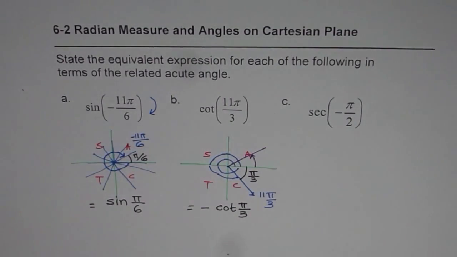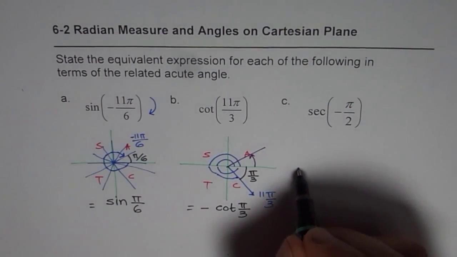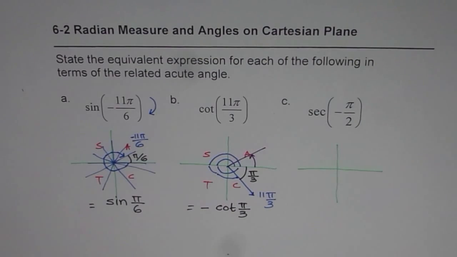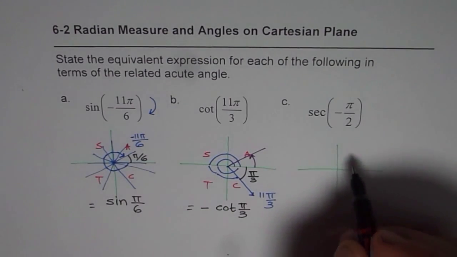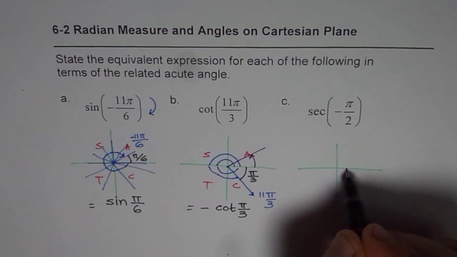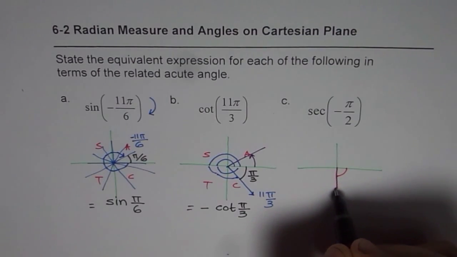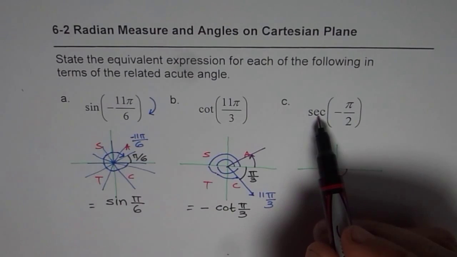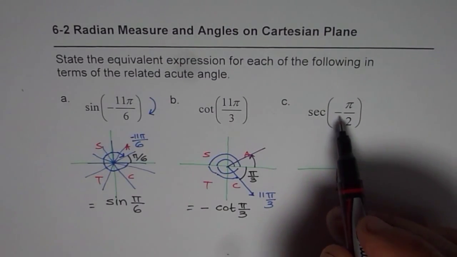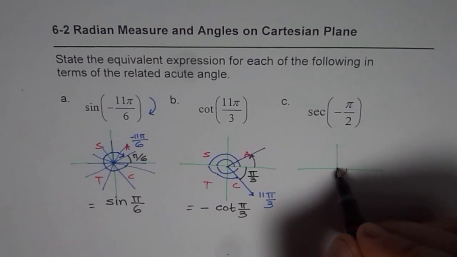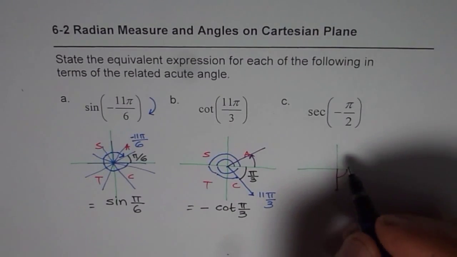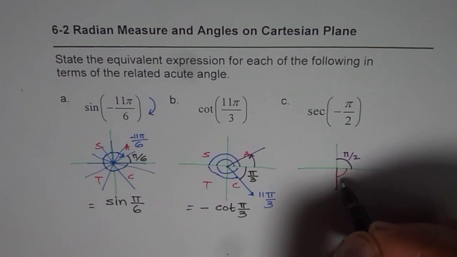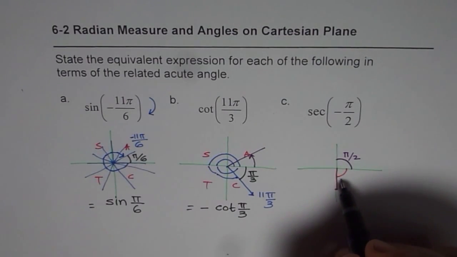Okay, now let's do the last one, which is secant of minus pi by 2. So when we say minus pi by 2, that means clockwise, and that is pi by 2. So we are talking about being here. Now, secant is the reciprocal of cos. Acute angle for this will be pi by 2. That is the acute angle which it makes with the horizontal.